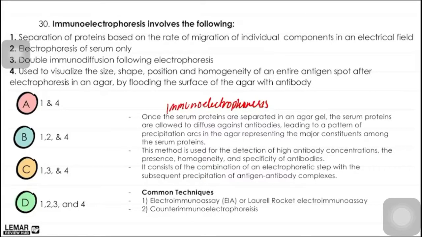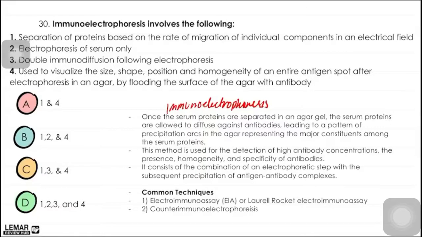Pwede yung pattern niya, depende kung anong klaseng type ng method. Pwedeng precipitation arcs, pwedeng rocket-like precipitates. This will represent a major constituent among the serum proteins. So this method is used for the detection of high antibody concentration, the presence, homogeneity, and specificity of antibodies.